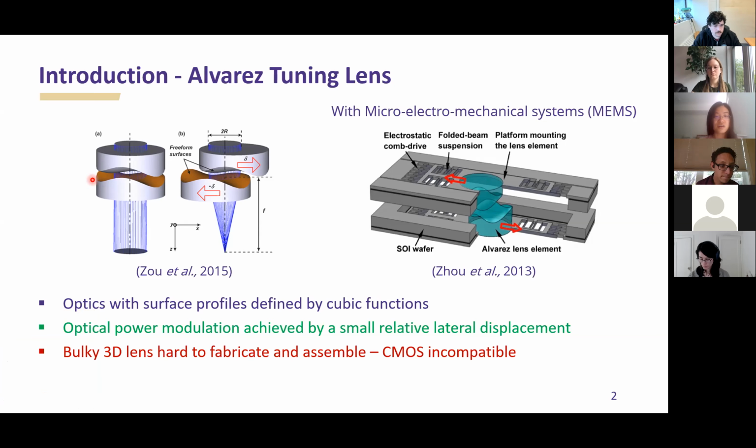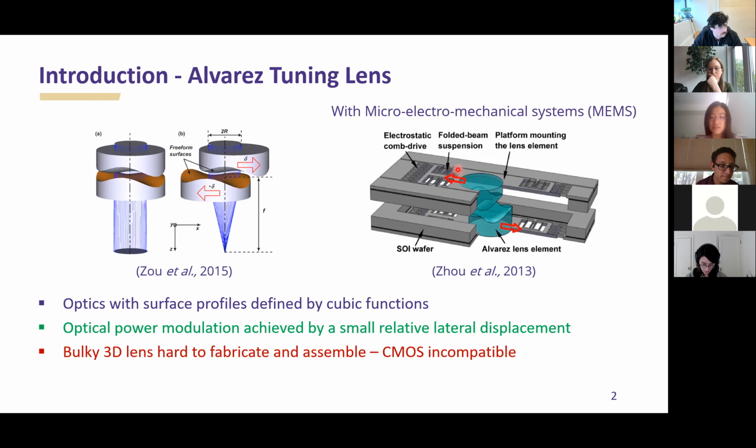They're separate from each other, but they have a complementary cubic face profile, and they are always overlaid on top of each other. And the optical modulation is achieved by the relative displacement between the 2 elements, which we always call half plate as well. The displacement is always perpendicular to the optical axis. When you have a displacement, you are bringing in different parts of the optics in overlap, and that's how it changes the optical power of the combined system.